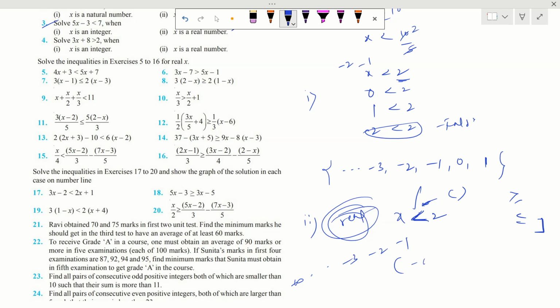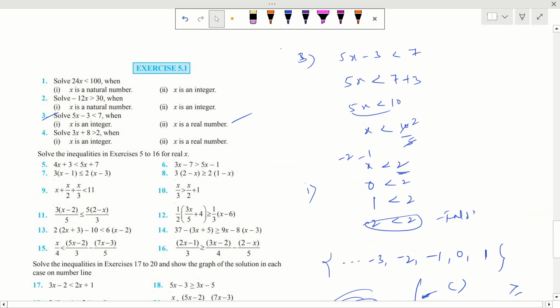Up to 2 is the solution set of the second case.